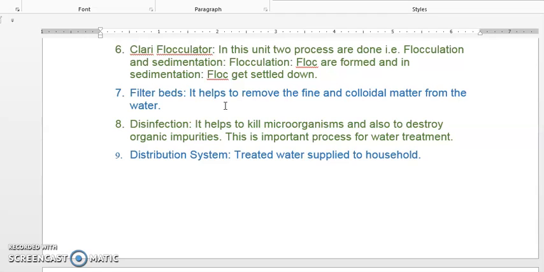So for the final safety of the water, you have to kill these microorganisms, and any dissolved organic matter, if present, should get decomposed. So disinfection helps in both of these. The disinfection helps in oxidation of any dissolved organic matter present in the water and also to kill the microorganism. So after this, the water will be totally safe for consumption. So then it is sent to the distribution system and it is sent for supply.